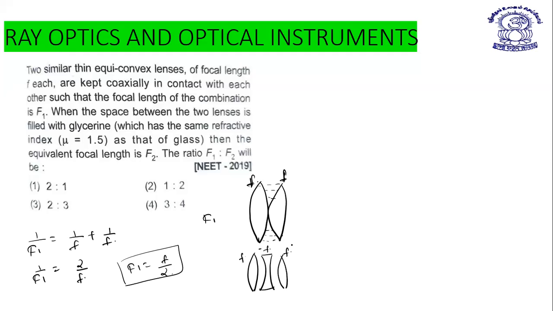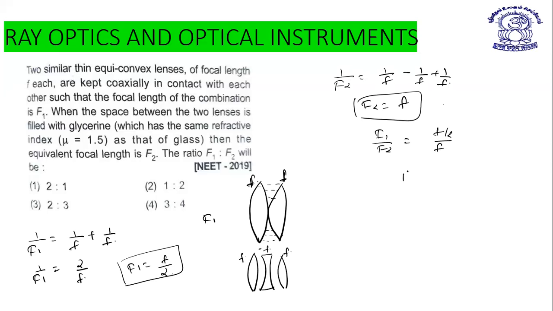So there will be three lenses in contact. So equivalent focal length will be 1 by f minus 1 by f plus 1 by f. So f2 will be equal to f. Taking the ratio f1 by f2, it will be equal to 1 by 2. So 1 is to 2 is the correct answer.